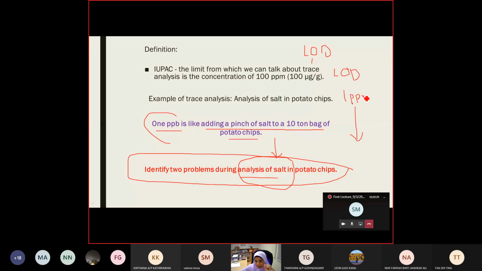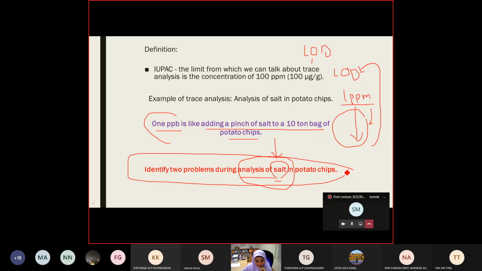Any concentration below 1 ppm, of course 1 ppb is below 1 ppm, the instrument cannot detect this analyte. So that is the first problem, because of the low concentration and the limitation of the instrument.